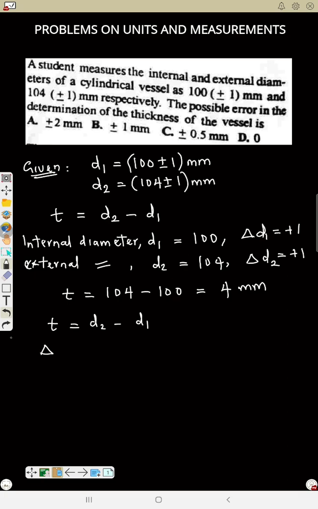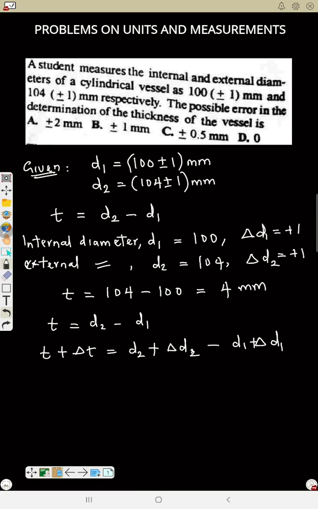So we have T plus the change in T, that is delta T. Then we have D2 plus change in D2, then minus D1 plus change in D1.